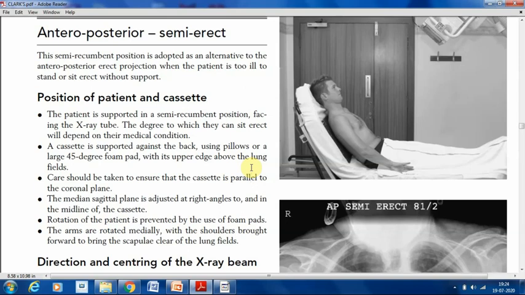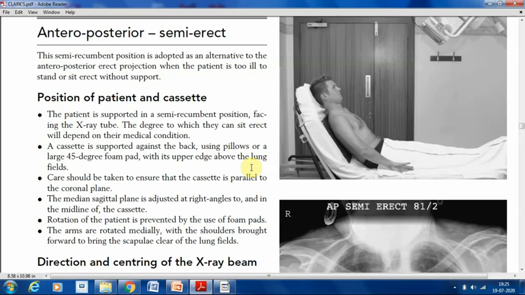These are the two important indications for this radiographic positioning, so that we can take it in a semi erect position. If there is any pleural effusion, the effusion will be in the lower part of the chest. If it is a pneumothorax, it will be in the upper part of the chest X-ray view.